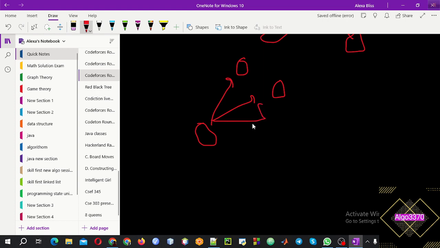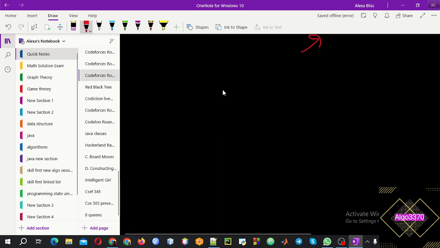Suppose this vertex is B. This is a strong vertex because the other vertices 1, 2 and 3 get a path from the vertex B. We have to print the total number of strong vertices in the first line, and in the second line print the vertices in ascending order. This is the main requirement of our problem.